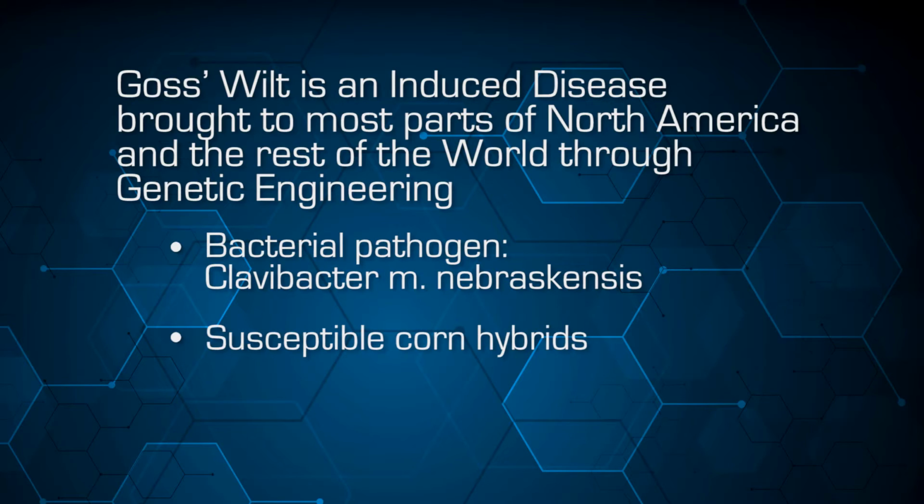You have to have susceptible corn hybrids, and that's what's been brought to us by genetic engineering, because in order to have expression of the genetically engineered traits, they had to go back to some of the more susceptible corn hybrid germplasm lines, your A632 or B14, some of those lines that were more susceptible to Goss's wilt, in order to have expression of the herbicide tolerance, Roundup Ready type characteristics, and the Bt expression of the cry toxins.